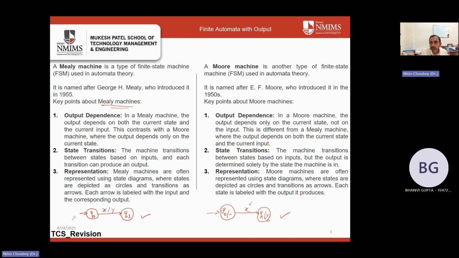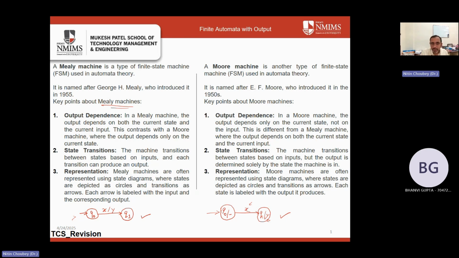Based on that, we can classify the machines as Moore machine and Mealy machine. In the case of Moore, the output is associated with state, whereas in the case of Mealy machine, the output is associated with transition. So that's the difference between Mealy machine and Moore machine.